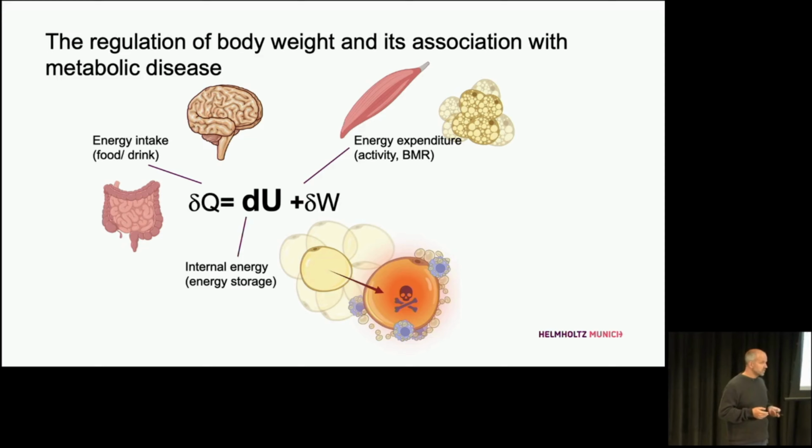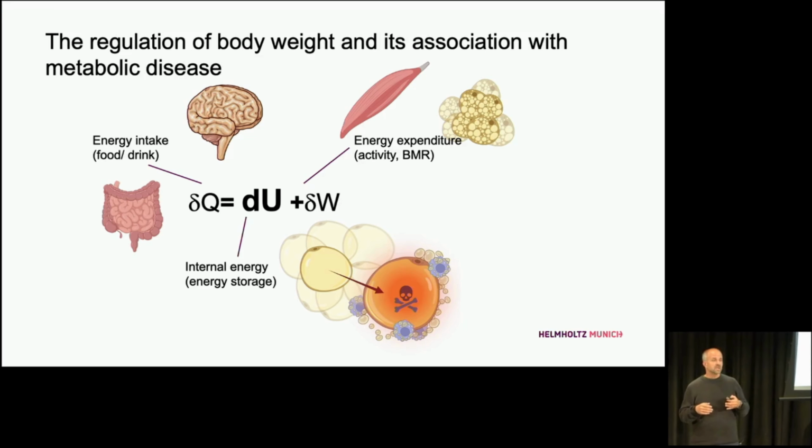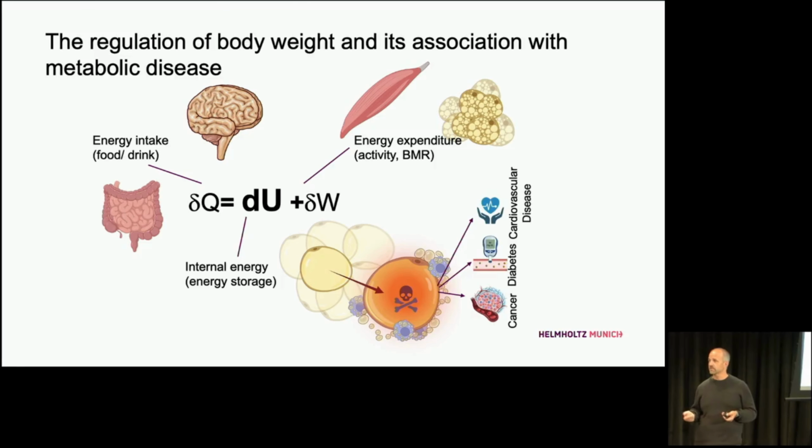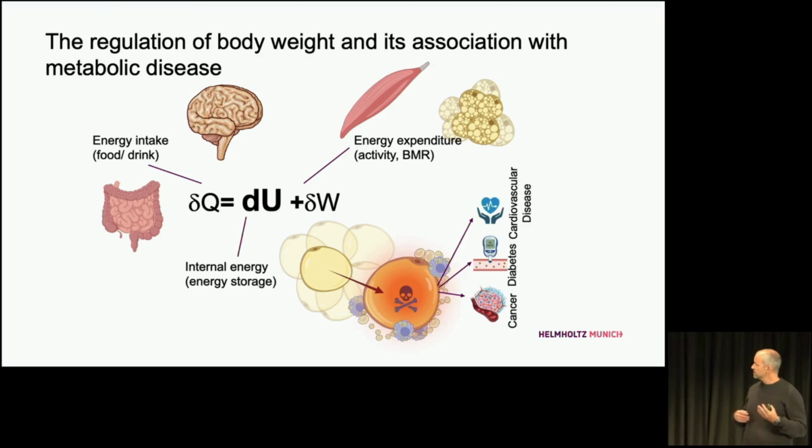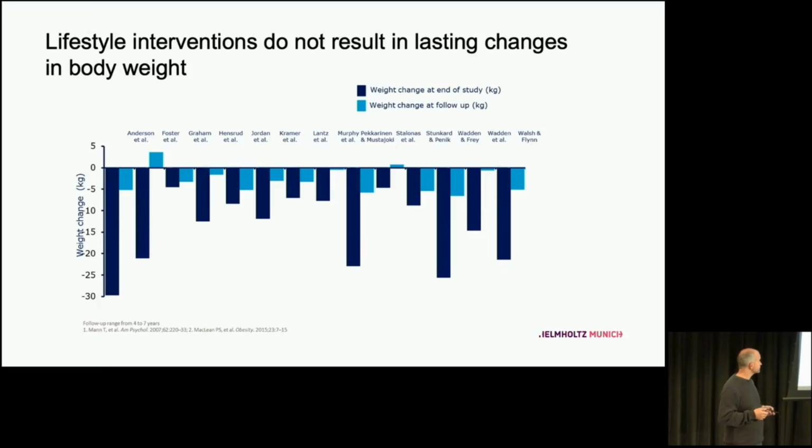However, what we know is that there is a point when the storage capacity of adipose tissue is exceeded and we get dysfunction in the adipose tissue, and this then induces a cascade of events resulting in what is summarized as the metabolic syndrome: certain types of cancer, diabetes, and cardiovascular disease. So it's not the body weight regulation per se that is impacted by adipose tissue, but the development of the metabolic diseases associated with obesity.